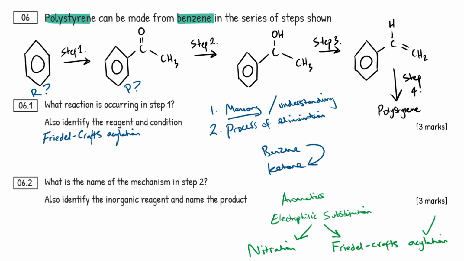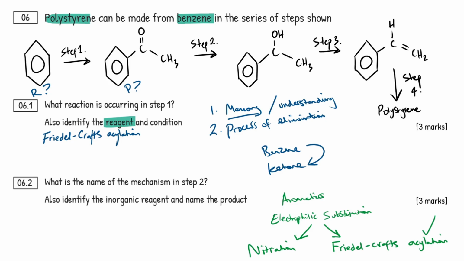Okay, so that's the reaction done. Next up, what is the reagent? The reagent for these Friedel-Crafts acylations is always going to be an acyl chloride. Even though we know the functional group of the reagent is an acyl chloride, we can't just put acyl chloride on the page. Anytime they ask for the reagent, you have to name the specific chemical.